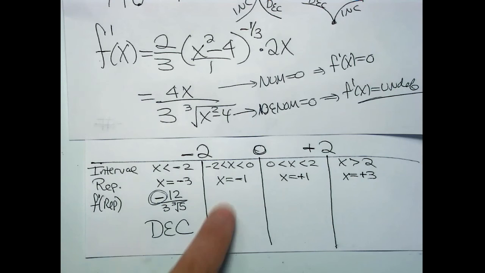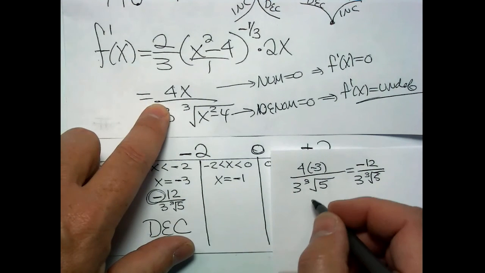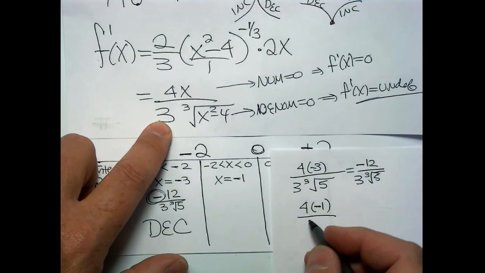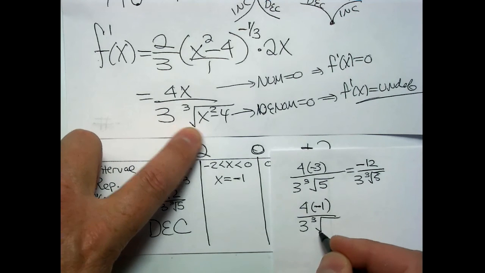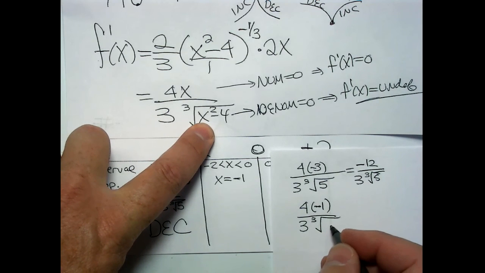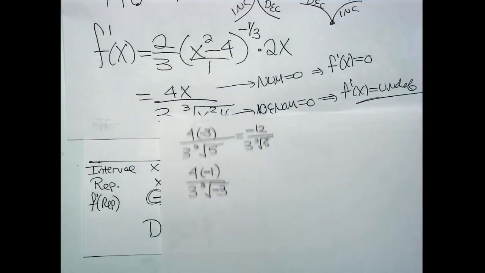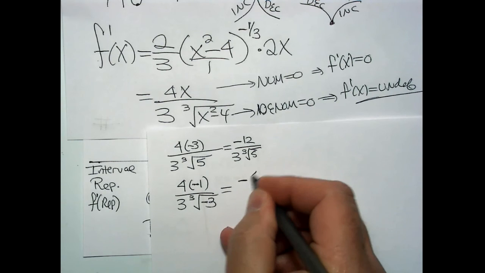Okay, next, let's do -1. That would be the next one here. So I'm going to plug -1 right up here, and I get 4 times -1 all over 3 cube roots of -1 squared is 1 minus 4 is -3. Now, you're allowed to take the cube root of a negative number. That's not a problem.